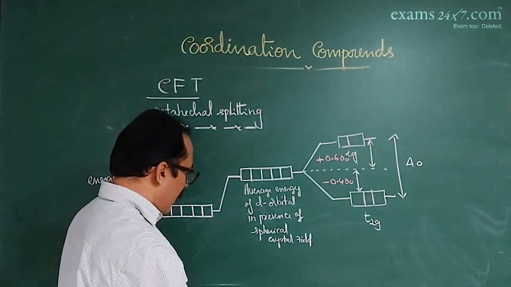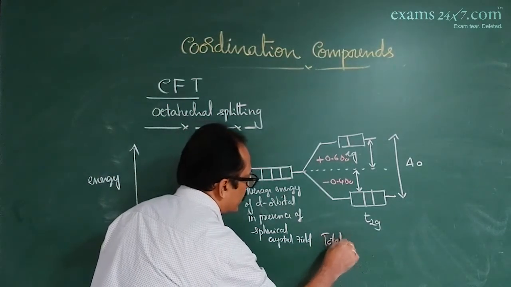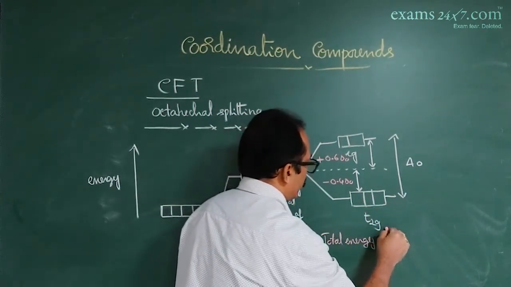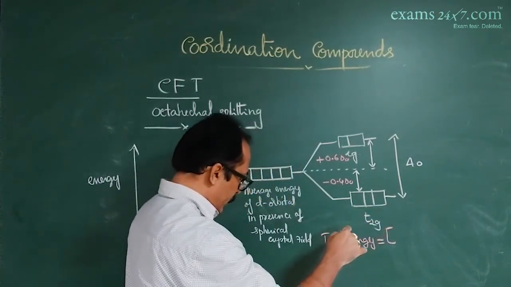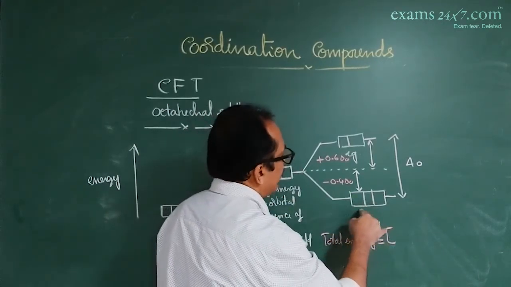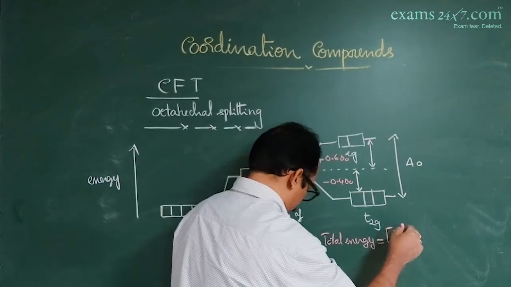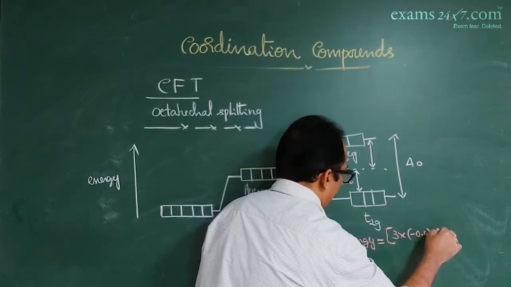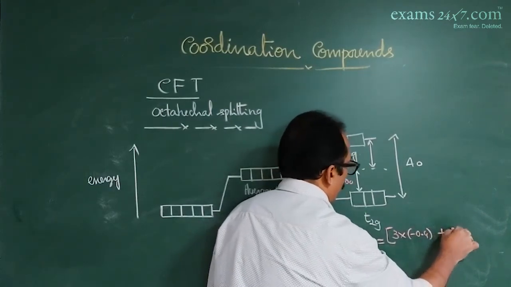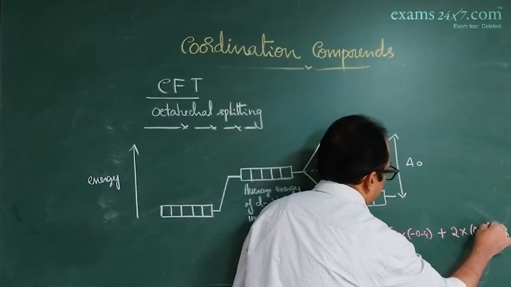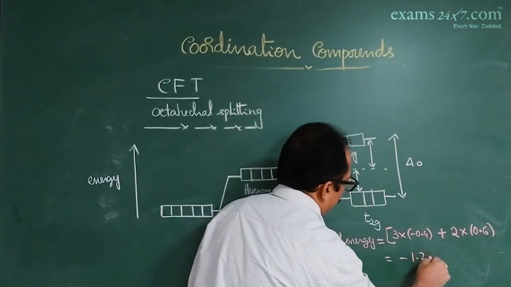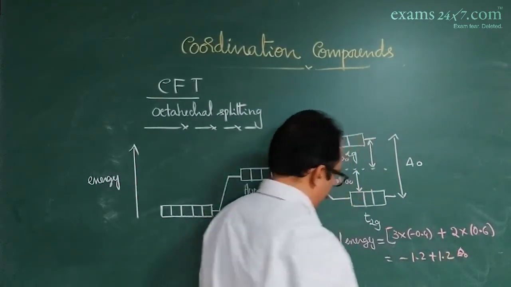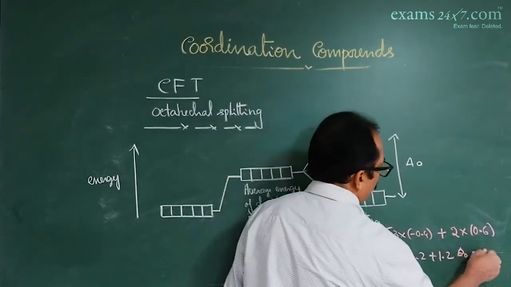To calculate the total energy: 3 into minus 0.4 delta O plus 2 into 0.6 delta O, which is minus 1.2 plus 1.2 delta O, equal to 0.